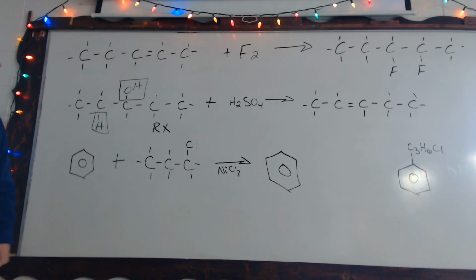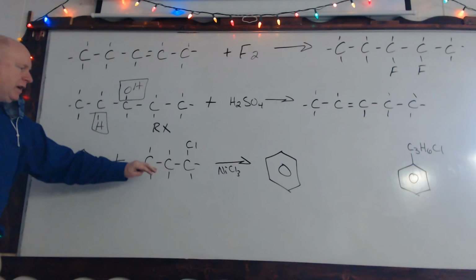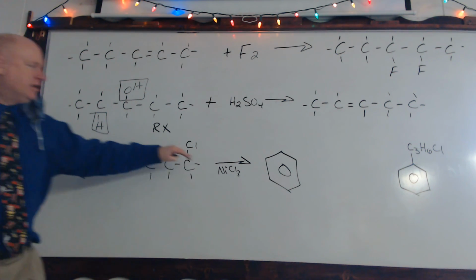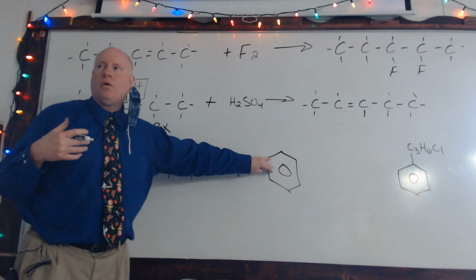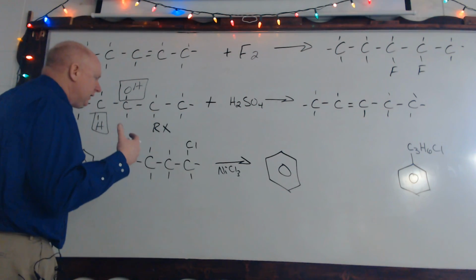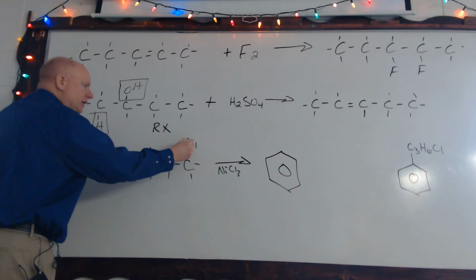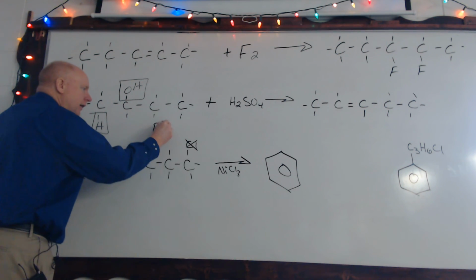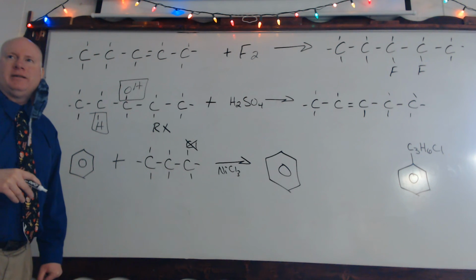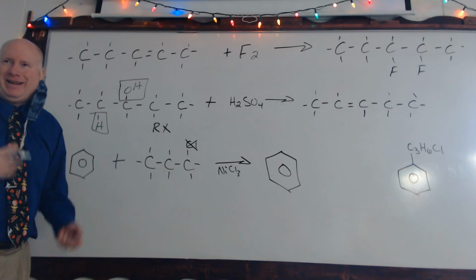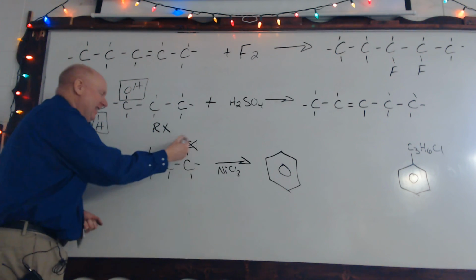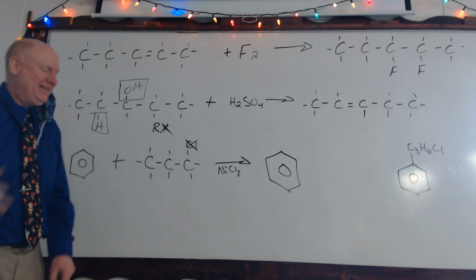Your chart tells you when you've got this R and X, what ends up getting attached, the R or the X? The R does. So in that case, what that means is this is now gone. Okay? How do you cross off an X?